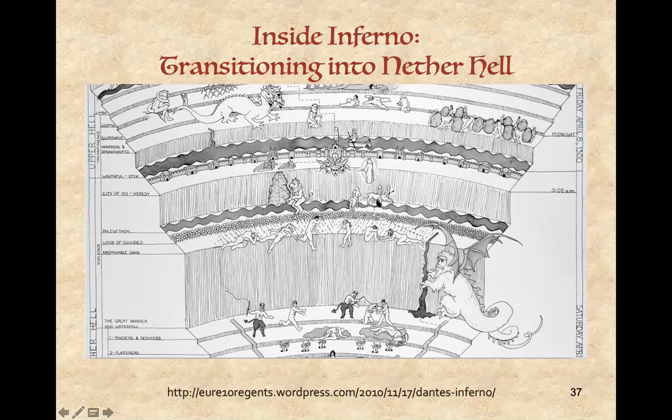And as we said before, this waterfall is caused by the waters of the three rivers that we have already encountered, falling down into the lower parts of hell. So how are Virgil and Dante going to go down into the next level of nether hell?